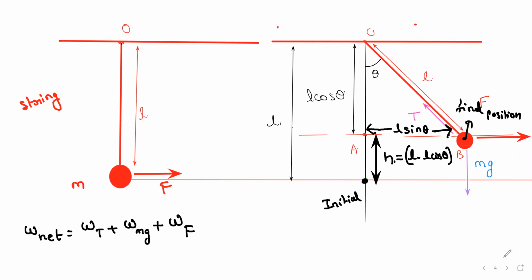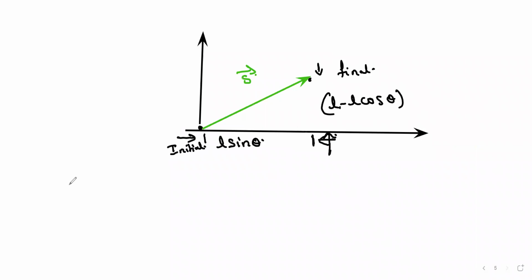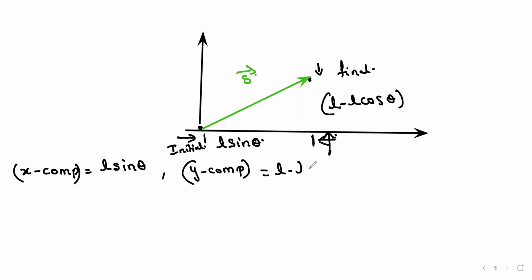So can anyone say what is the displacement vector? S is equal to final position vector minus initial position vector, sir. The x component is L sin theta, the y component is L minus L cos theta.